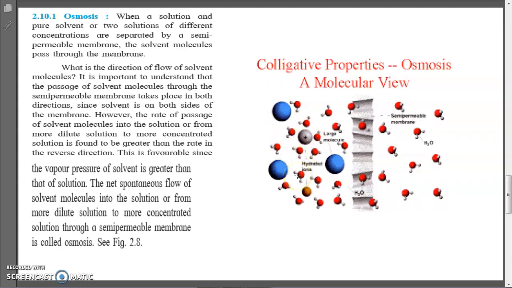When a solution and pure solvent of different concentration are separated by a semi-permeable membrane, the solvent molecules pass through the membrane. What is the direction of flow of the solvent molecules? Solvent molecules pass through the semi-permeable membrane in both directions.